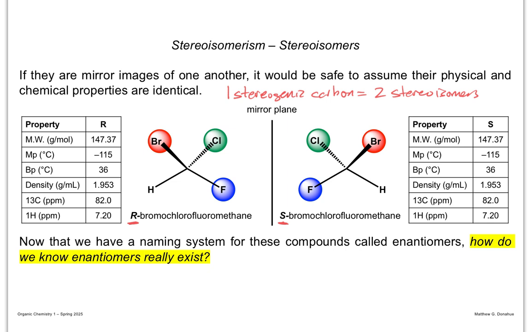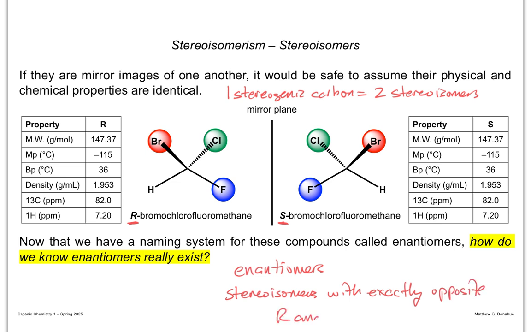They're called enantiomers. So enantiomers are stereoisomers that have exactly opposite R and S designations.